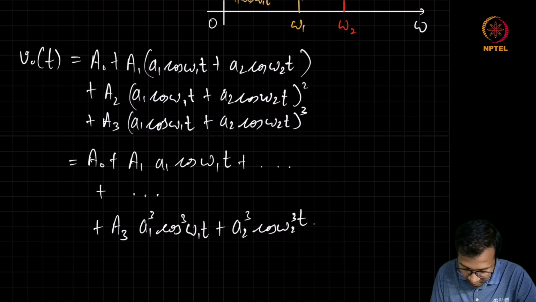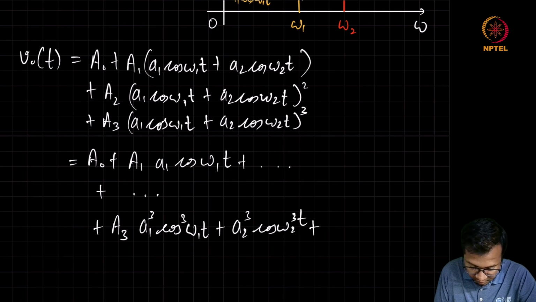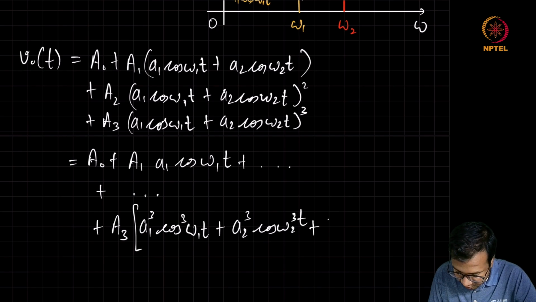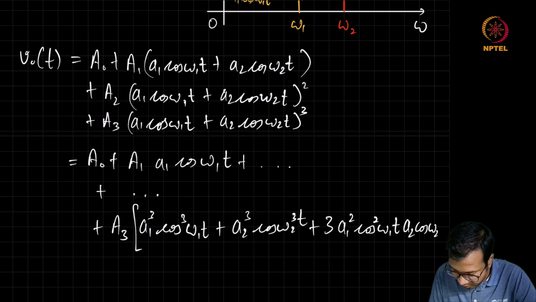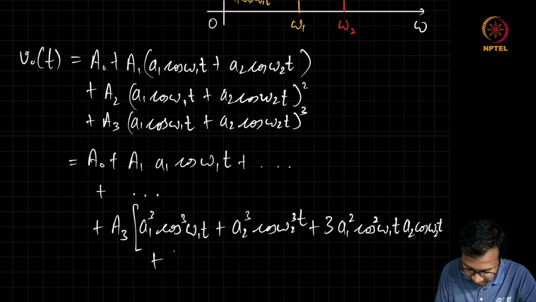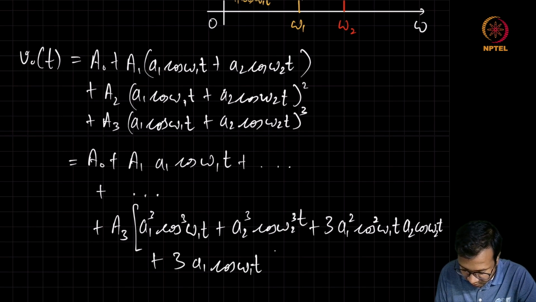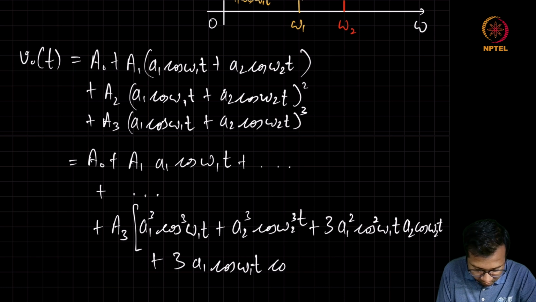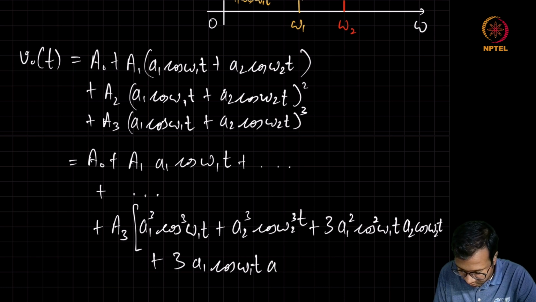Then we'll be having 3 A1 square cos square omega 1t A2 cos omega 2t, plus 3 A1 cos omega 1t A2 square cos square omega 2t.